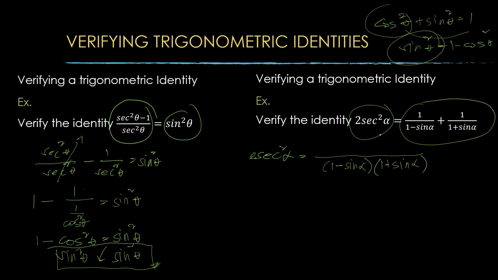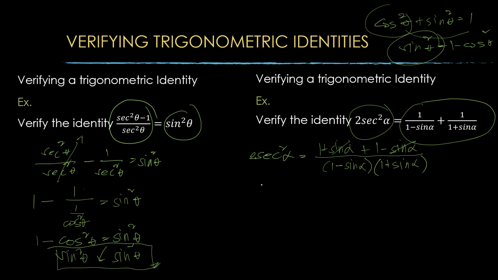Right? Adding fractions. So if you have 1 over a plus 1 over b, you get b plus a, over a and b. Right? In your algebra. So similar to this one, 1 plus sine of alpha plus 1 minus sine of alpha. Negative sine of alpha and positive sine of alpha cancel out.